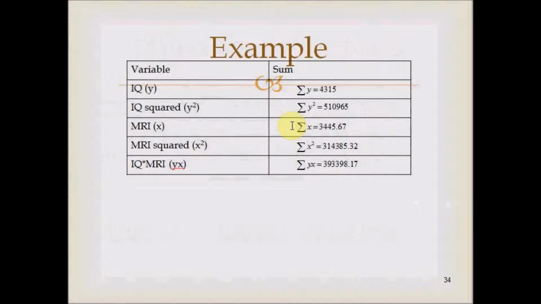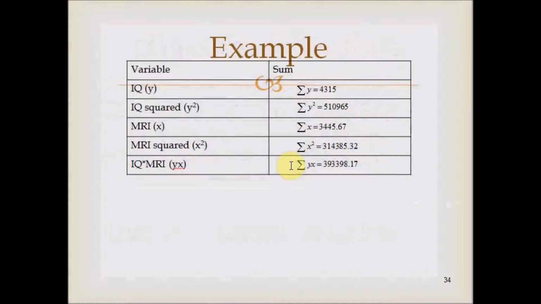You can do the same for your sums of squares y. It's your sum of y squared minus the sum of y squared divided by 38. And lastly, you can solve for your sum of products, which is a slightly new formula.